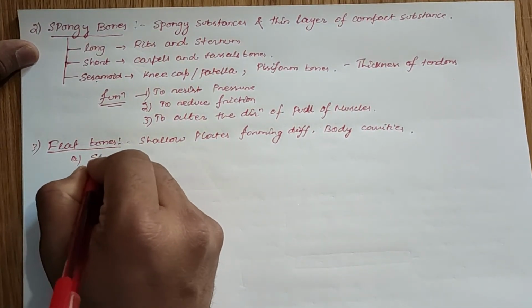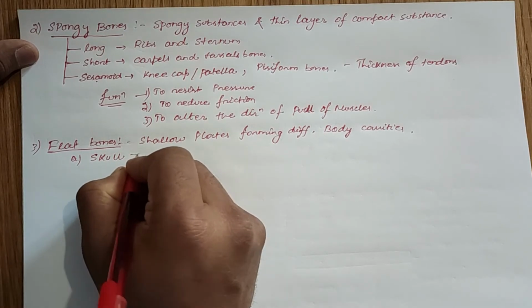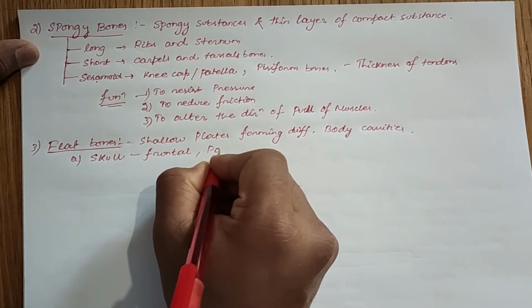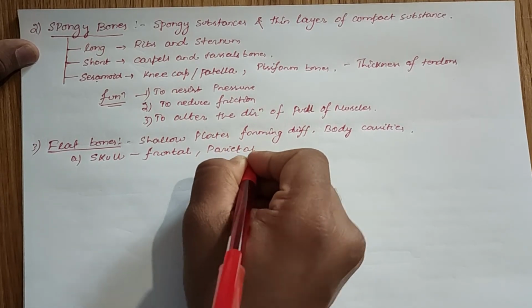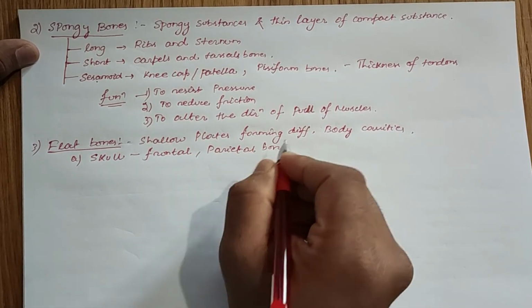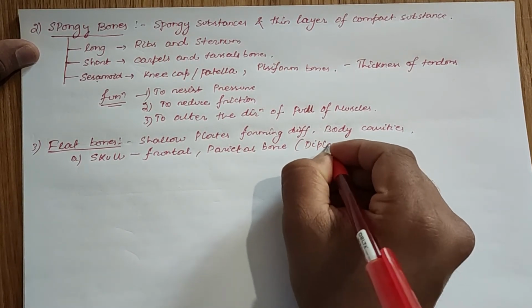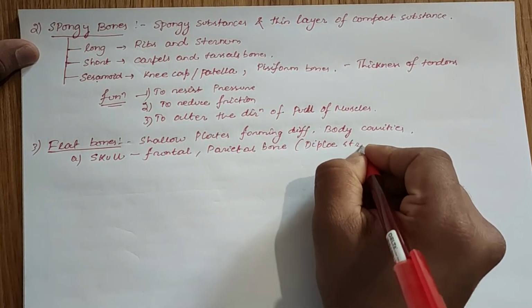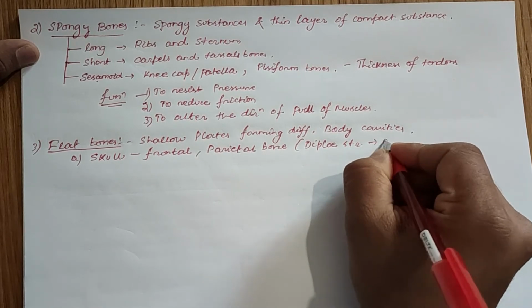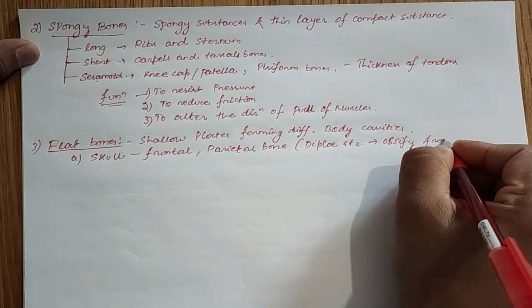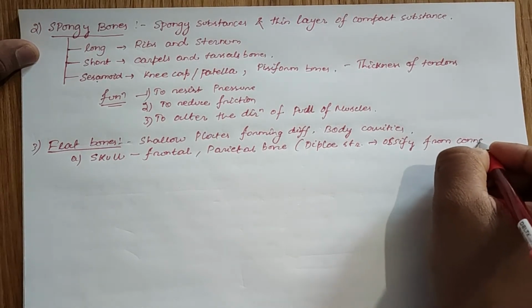Like in the skull, the frontal and parietal bones. These frontal and parietal bones have diploic structure, and they ossify from connective tissue. This is important.